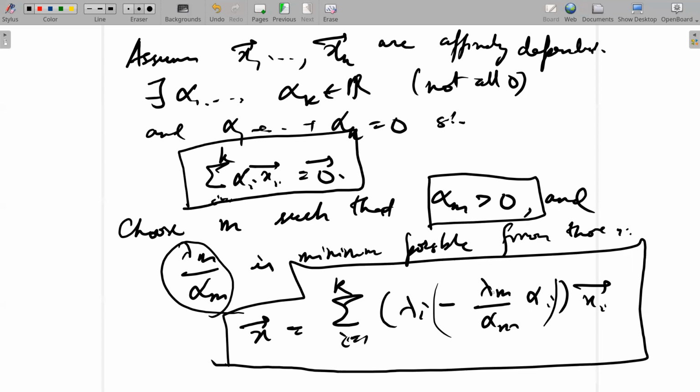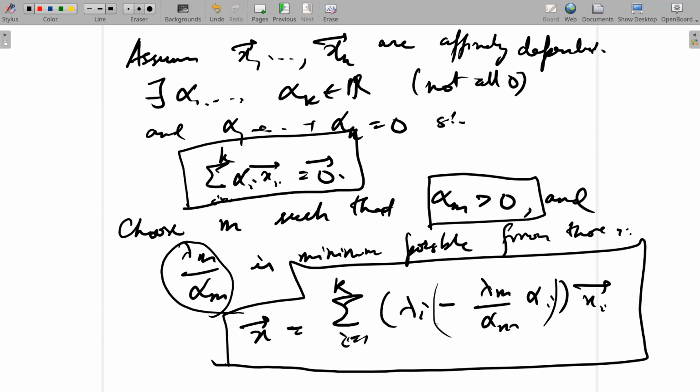The index m we chose appropriately so that alpha m is bigger than 0, and amongst those m's, lambda m over alpha m is the minimum possible. Or you could just say lambda m over alpha m is minimum possible with the condition that if alpha m is 0, lambda m over alpha m is infinity. So either way, it's just a matter of language.